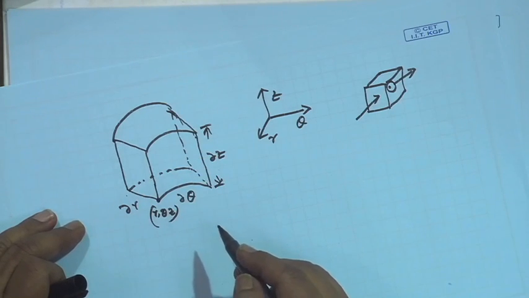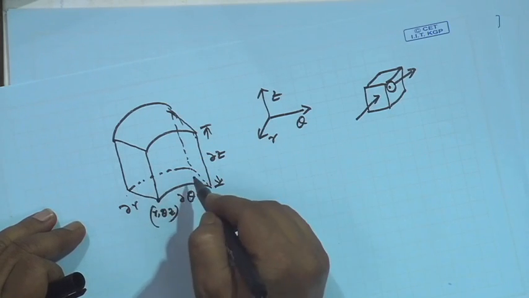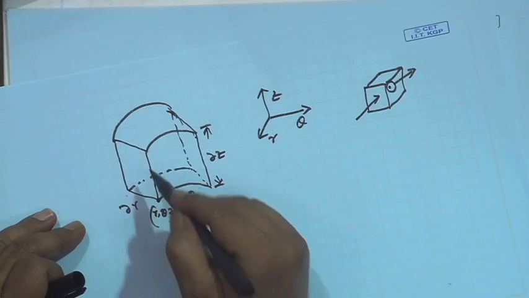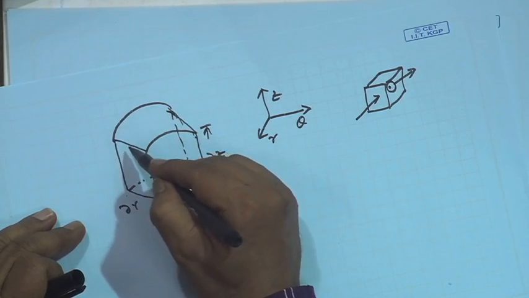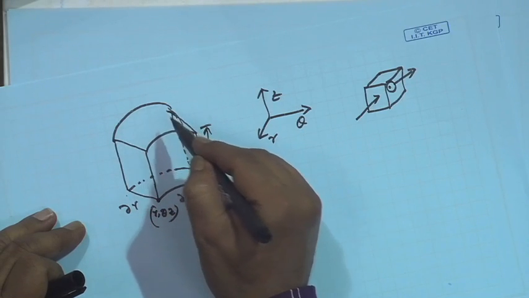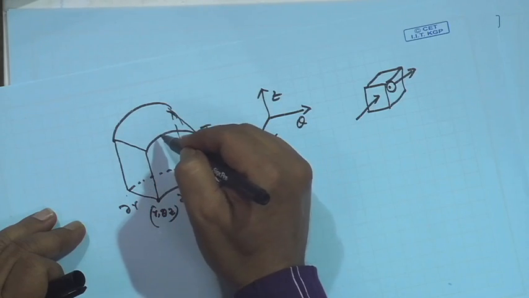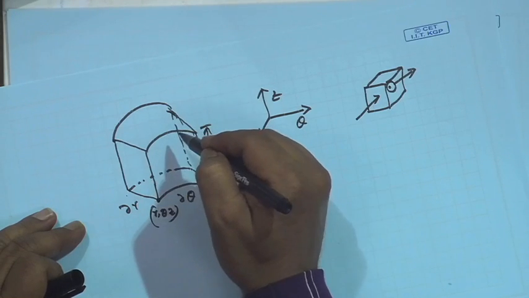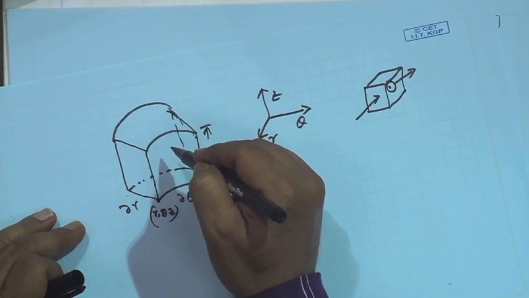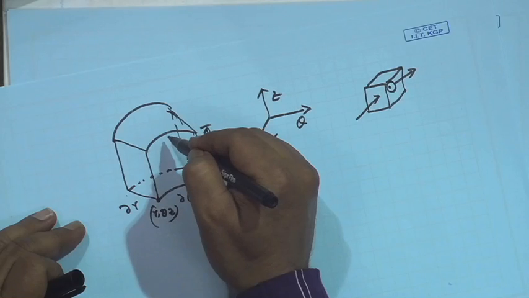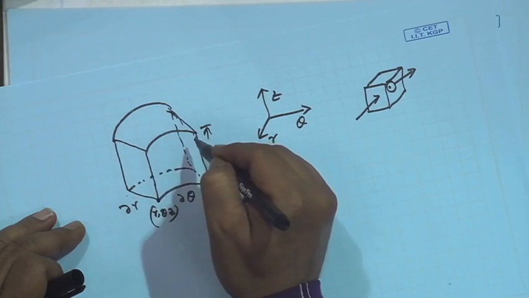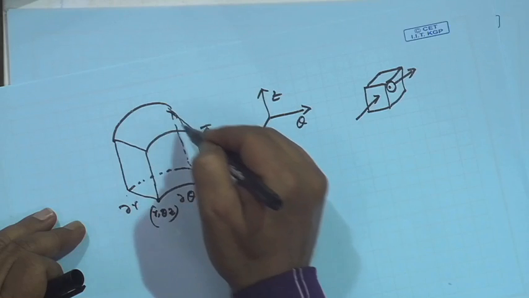Only one thing we are assuming: the area under this and the area under this, though there is a difference, because in all the cases this will be different, this is z plus delta z, and this also will be r plus del r.